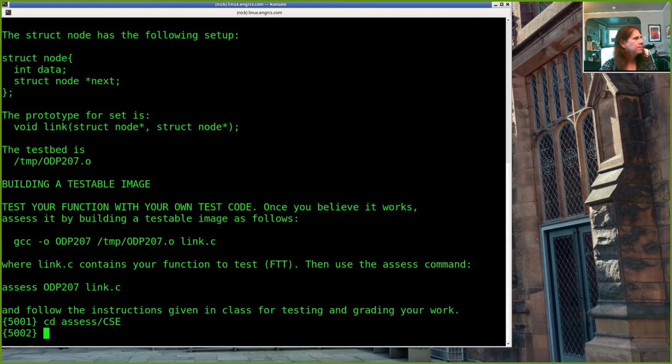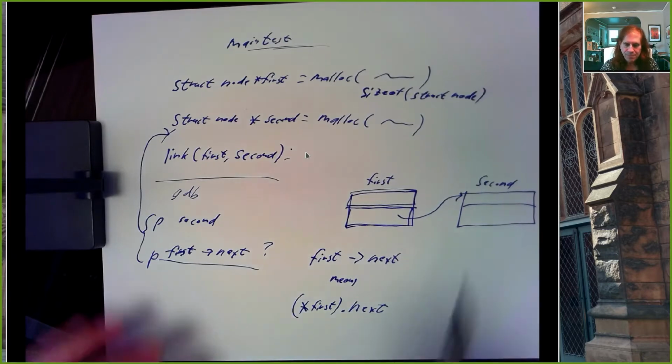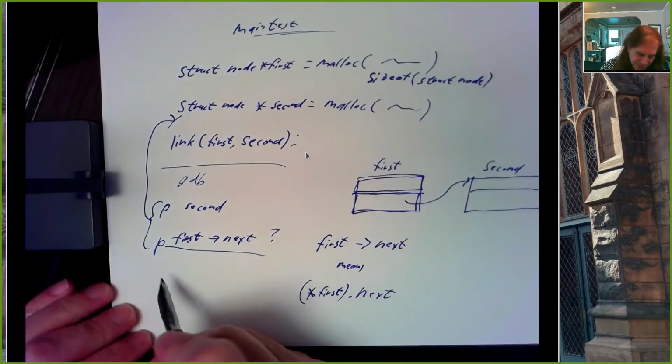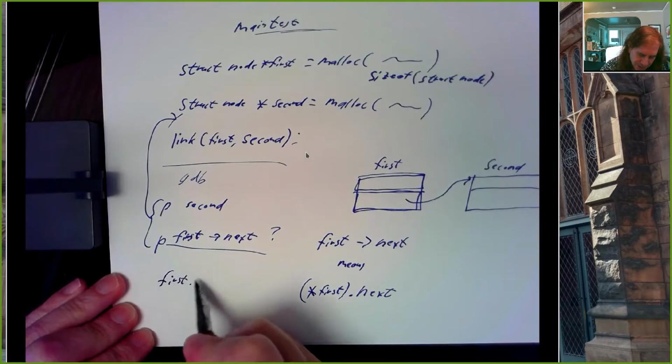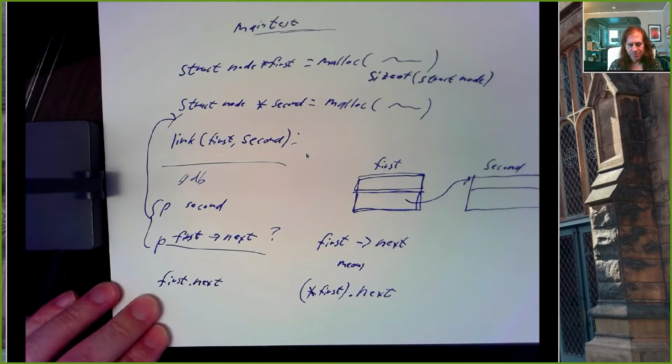So if first is declared as a star, so pointer, why would we still use arrow notation? Because aren't we dereferencing the pointer now to its value? So first is a pointer, right? Because we declared it with a star. If we tried to do something like first dot next, that's going to give me a compile error, because first is not a structure. First is a pointer, right? It's a memory address.